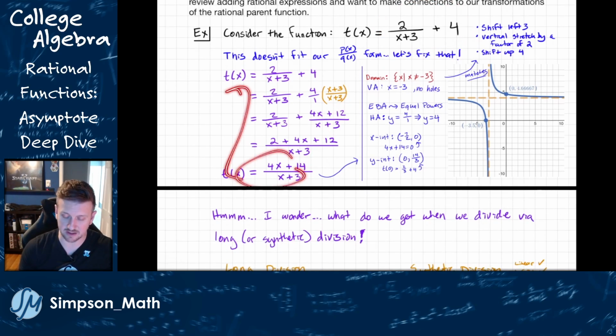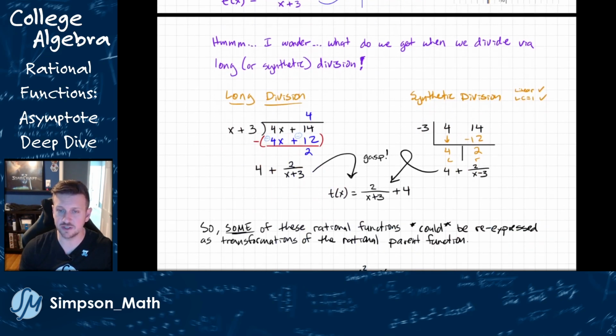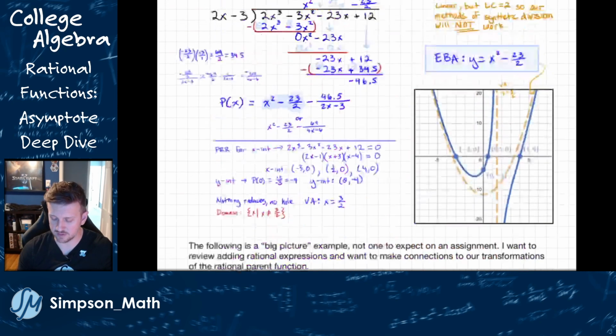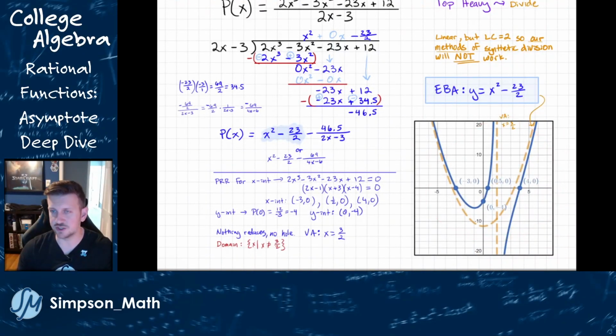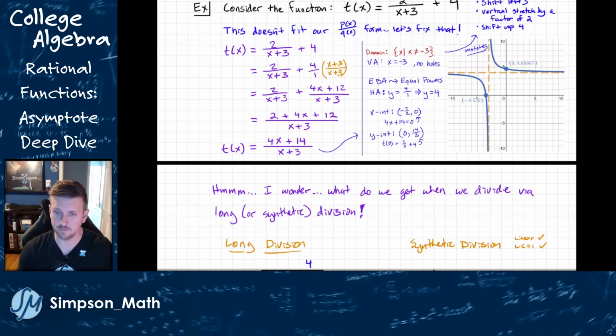And then how would I go back? We'll just force the division to happen through long or synthetic division, and we'll end up with that same thing. Again, that won't work for all of them, because obviously something like this is not just a transformation of a rational parent function, because we have a quadratic for a horizontal asymptote instead of just a horizontal line.